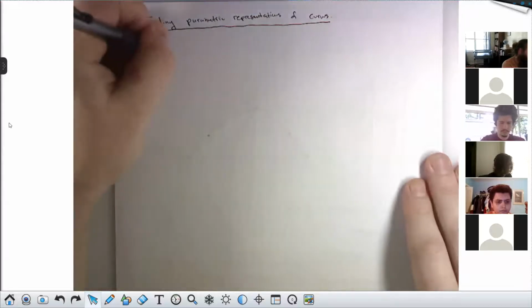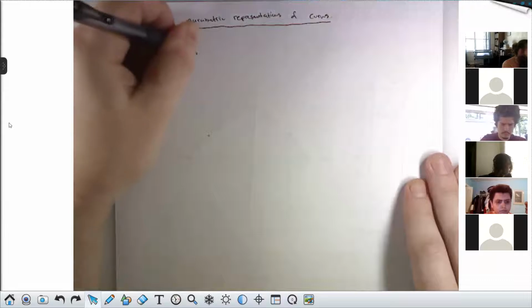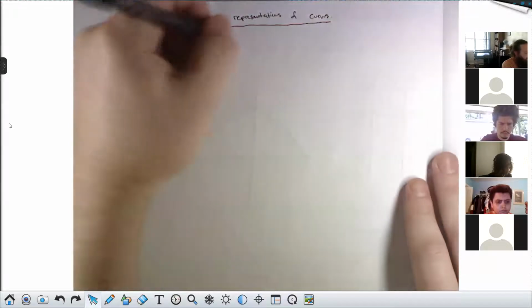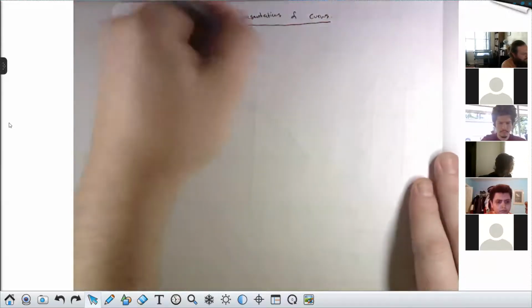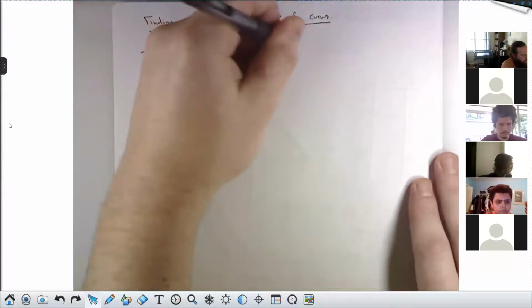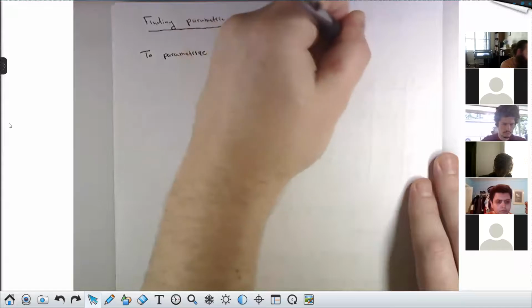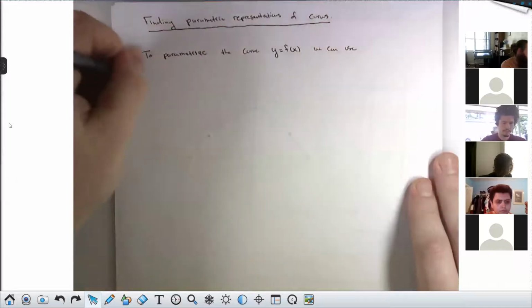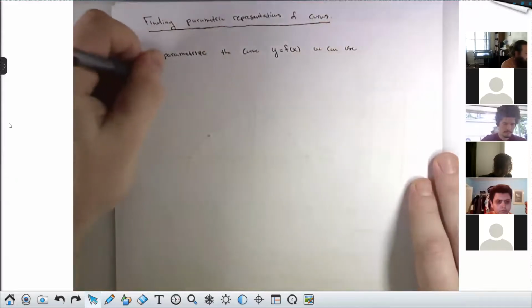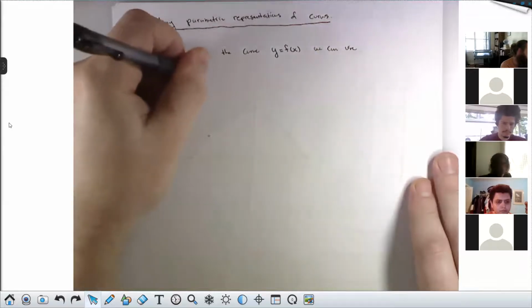So the term is parametrize. To parametrize the curve y equals f of x, we can use, here's the lazy one, this is called the standard parametrization.